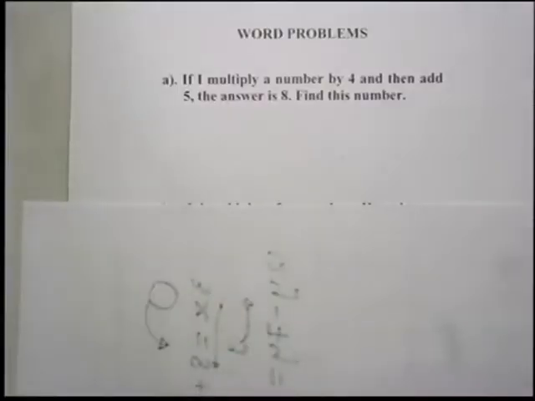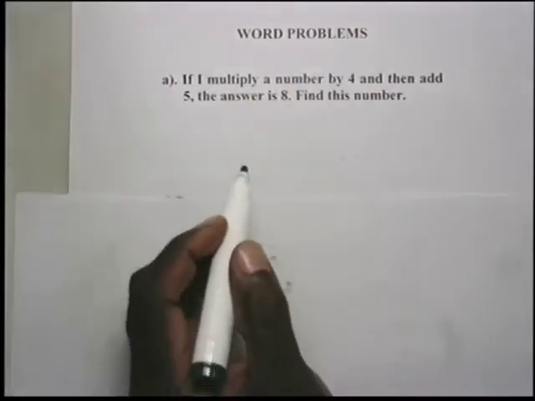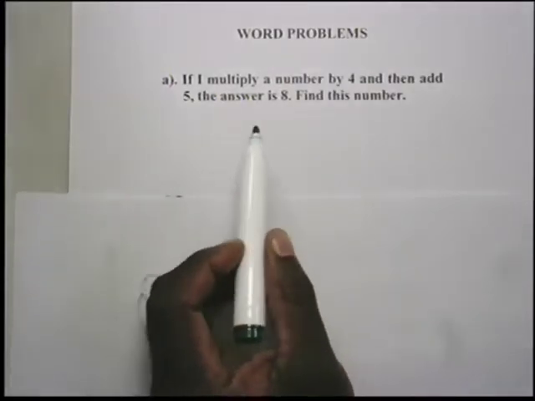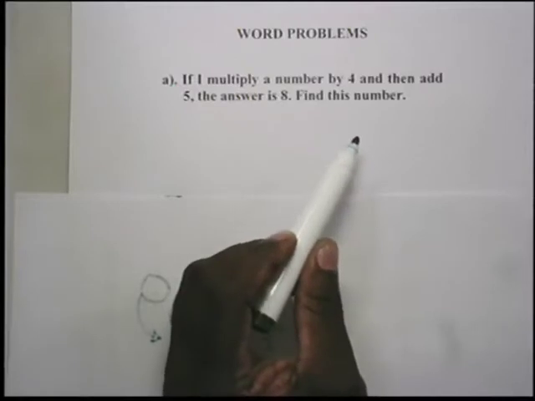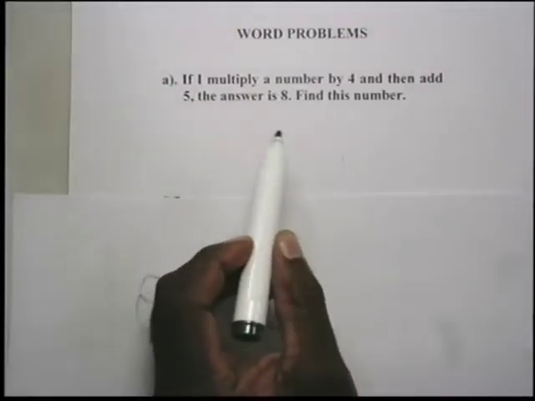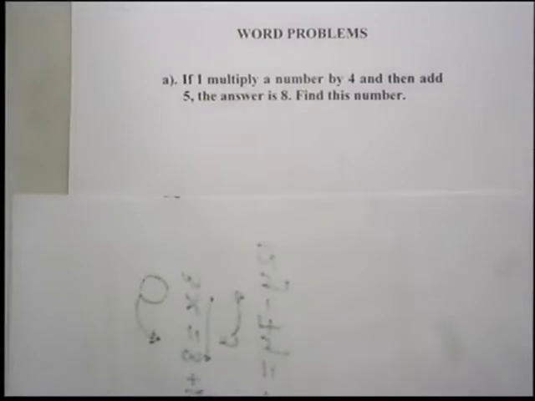As we focus on the screen, for example, I might tell you that I think of a number and then I multiply this number by 4 and then add 5, and the answer I get is 8. Find this number.